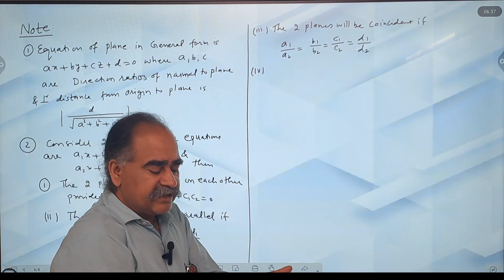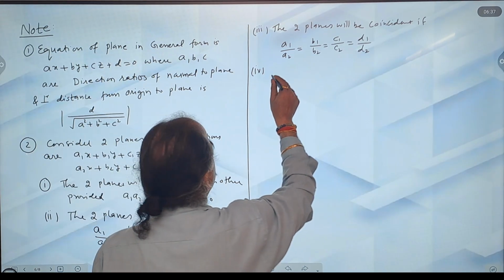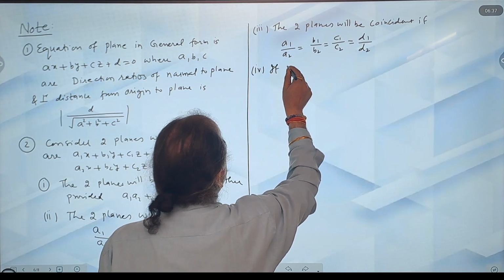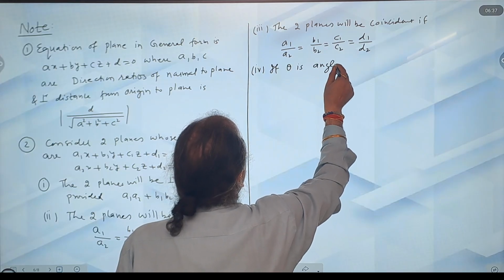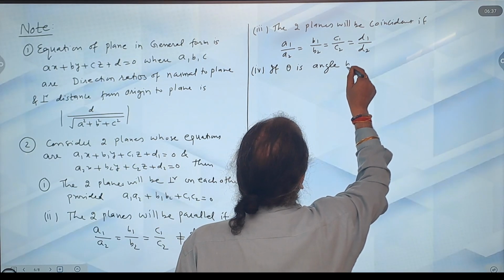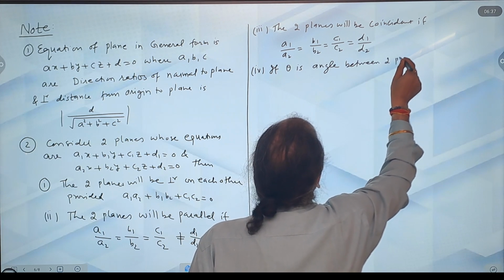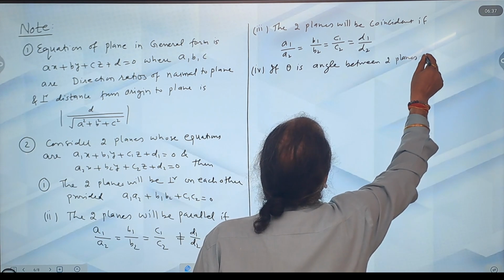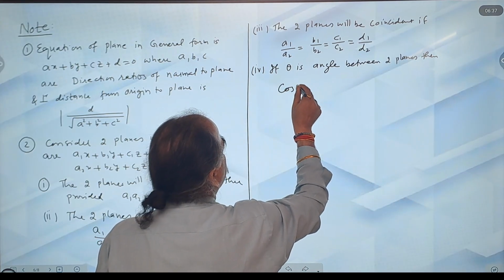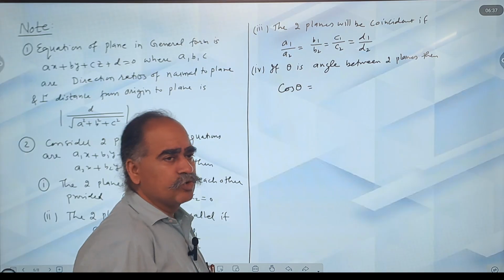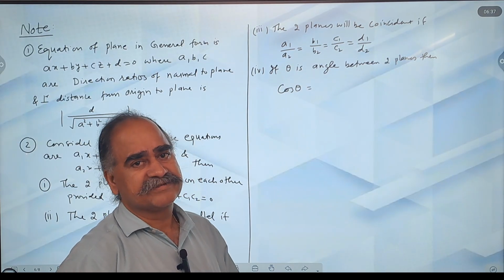If the two planes are inclined at an angle, if theta is the angle between two planes, then theta is the angle between normals to the two planes.